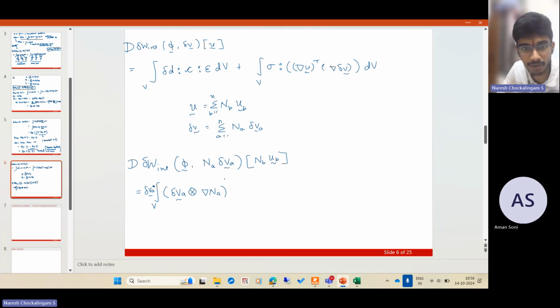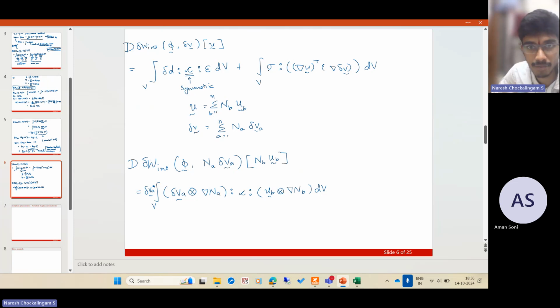Again, there is another plus transpose of this divided by 2, but C, this fourth order tensor, is also symmetric, so we don't need to do that. Contracted with C, contracted with, here it is UB tensor product with the gradient of NB, dV.